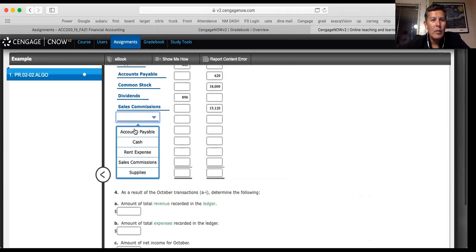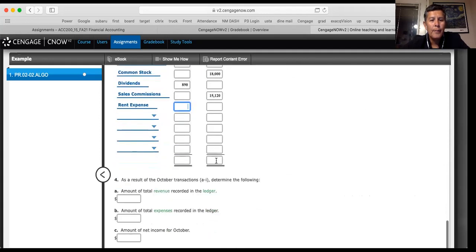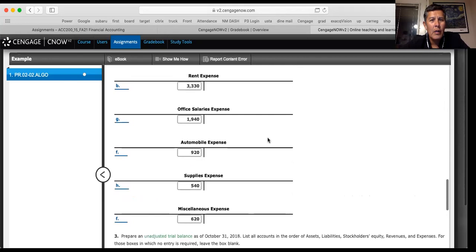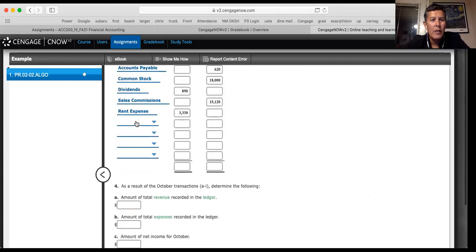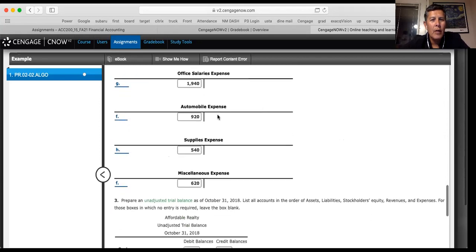So rent expense. Oh, I forgot to look at the amount. Rent expense, 3330. Okay. After rent expense, I'm going to have office salaries for 1940. Okay. After office salaries, I have automobile expense.